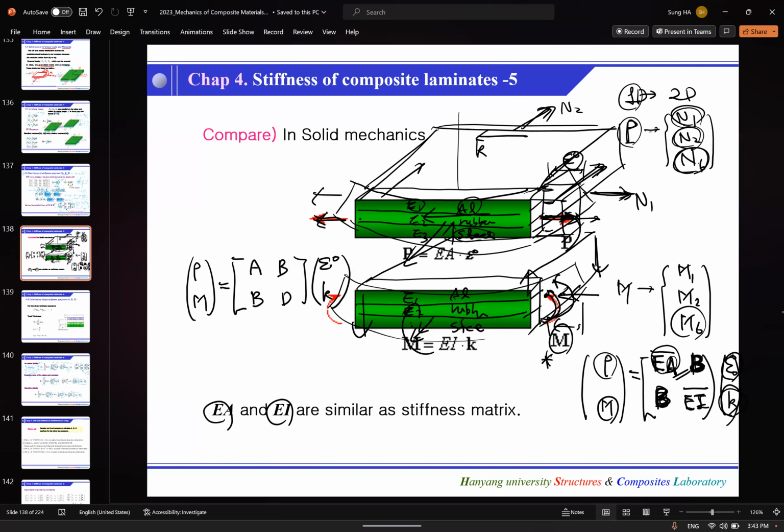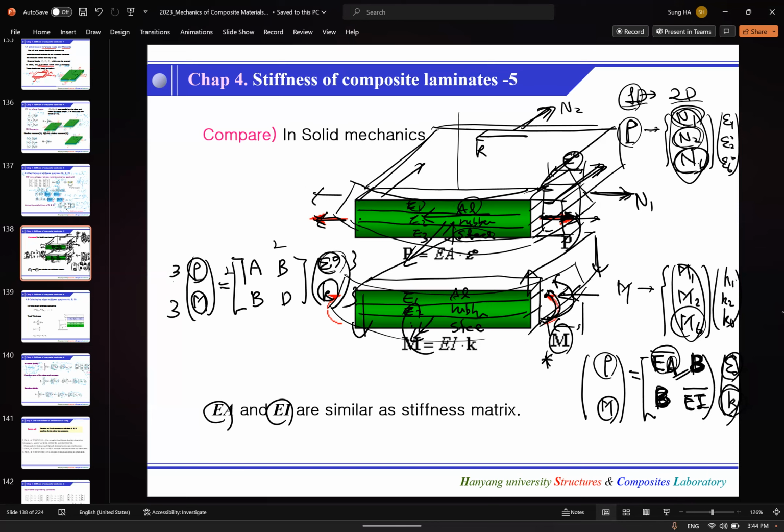So from 1D to 2D, we have 3 loads and 3 moments. And epsilon 0, same thing, we're going to have a 1 component, 2 component and 6 component. And here is the curvature 1, curvature 2 and curvature 6. So this 2 by 2 matrix is now going to have 3 components each.